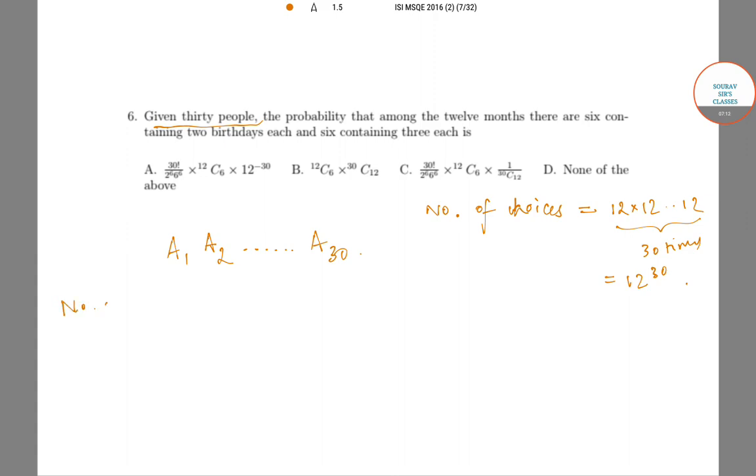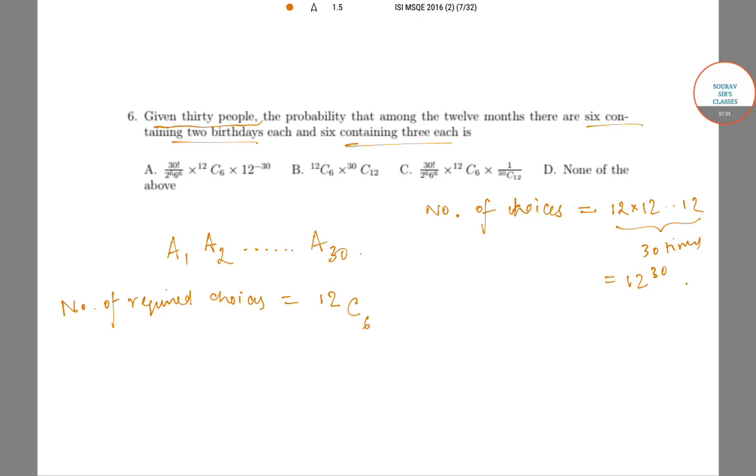Now the number of required choices. By number of required choices I mean the number of ways in which we can arrange the people so that there are 6 months containing 2 birthdays and 6 containing 3 each. The first thing to do is choose 6 months out of 12.